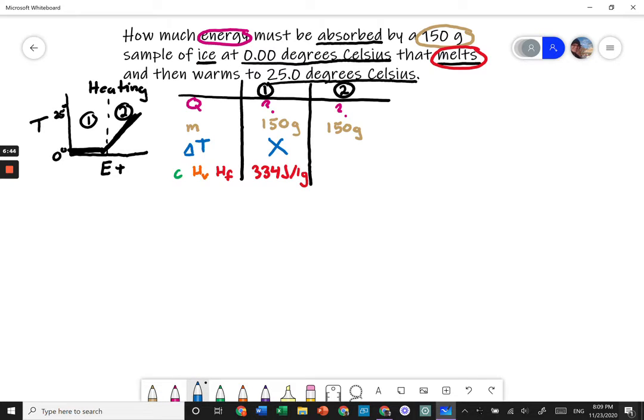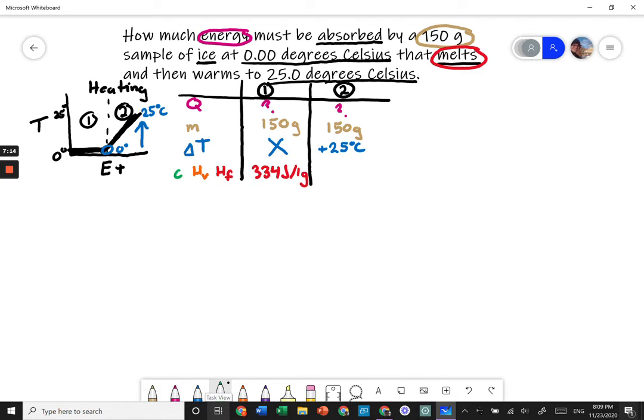Now, for my change in temperature, this is where we actually have a difference. So we're starting off at 0 degrees Celsius in that region, and then we are going up to 25 degrees Celsius. What that means is our change in temperature, how much temperature is changing by, is going to be positive 25 degrees Celsius. So if it's positive 25 degrees Celsius, we now have that filled in.